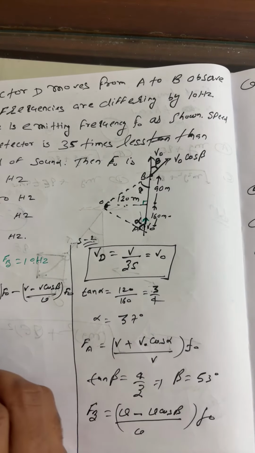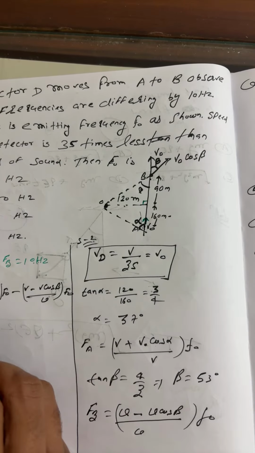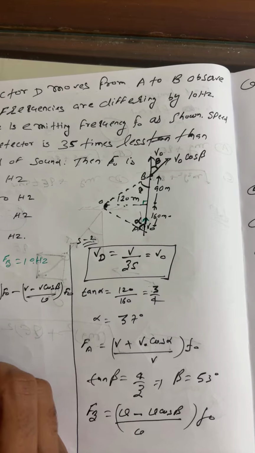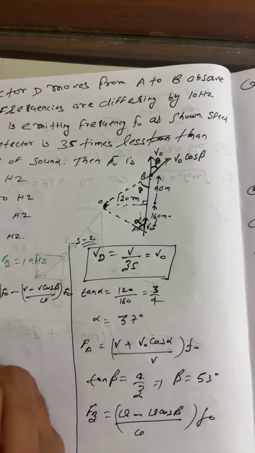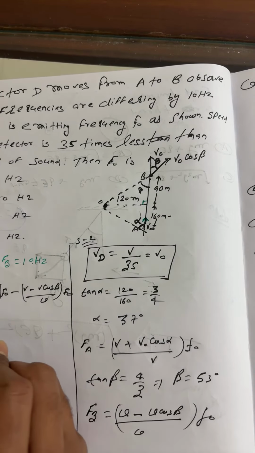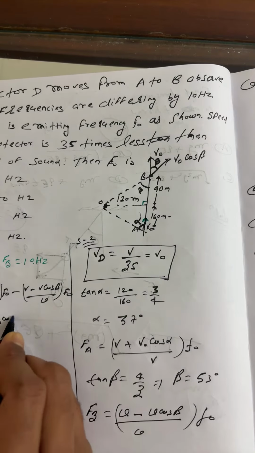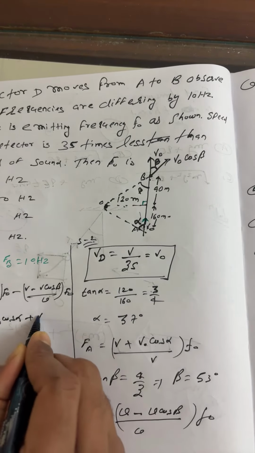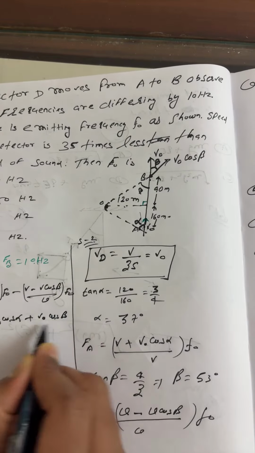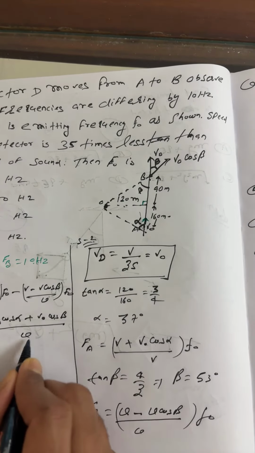You can see V cancels, and what remains is V naught cos alpha plus V naught cos beta upon V.